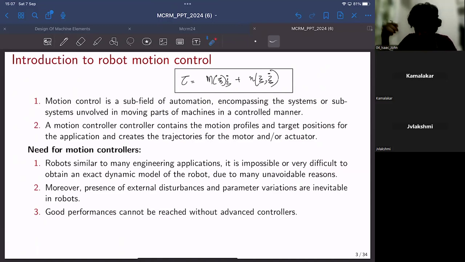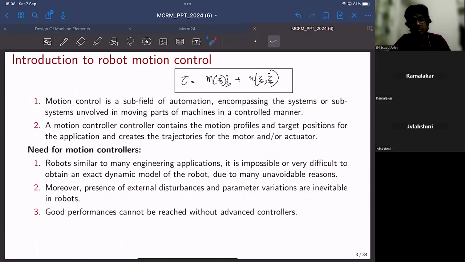Then the further necessity is the presence of external disturbances. Apart from model uncertainties, we have external disturbances and parameter variations, which are inevitable in robots. For example, if you are moving a robot through a desired trajectory and the support is not fixed, that can induce support-induced oscillations and vibrations.